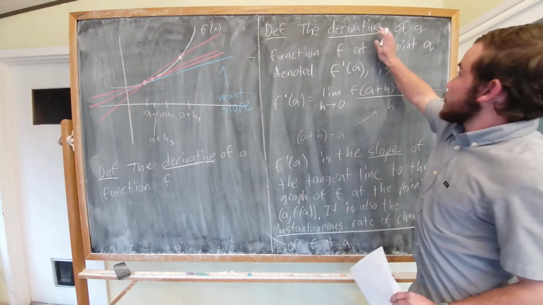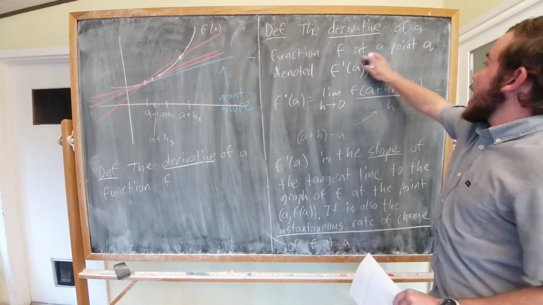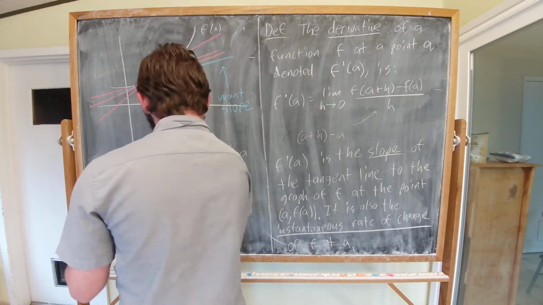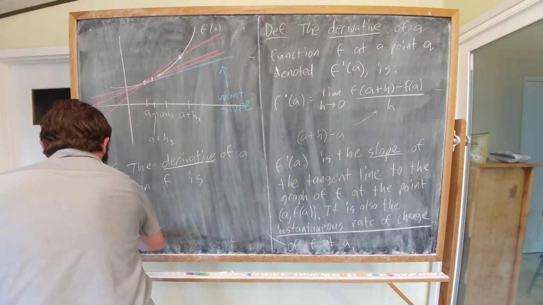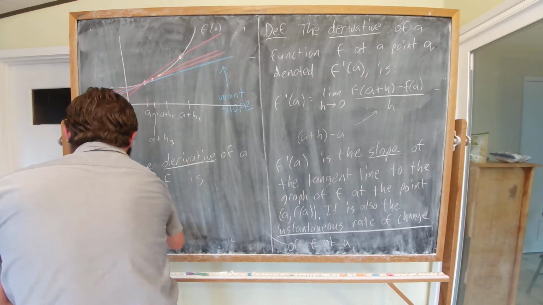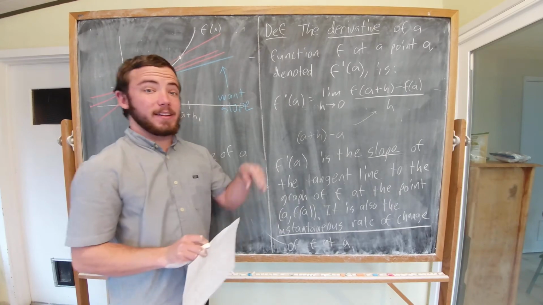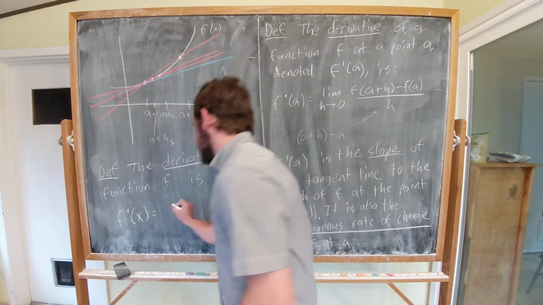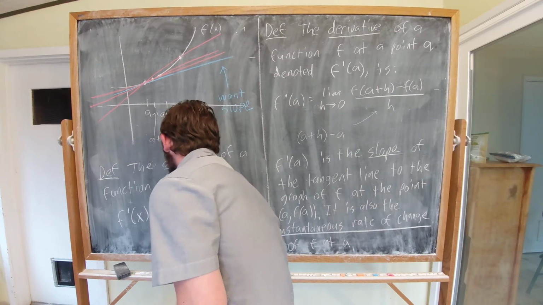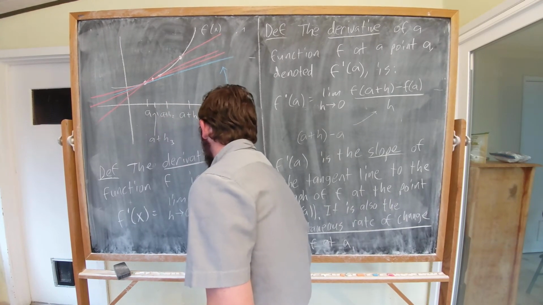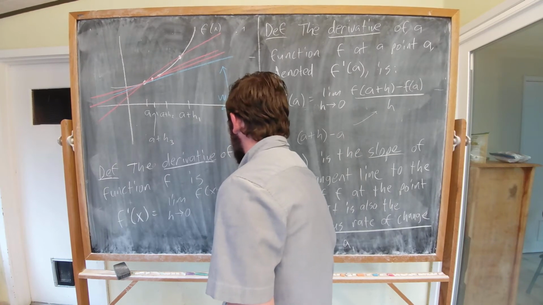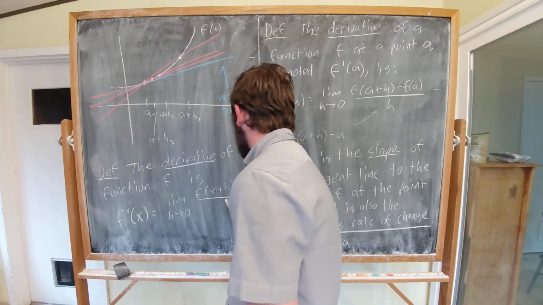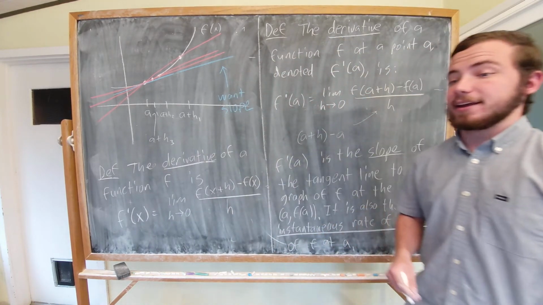So, subtle thing, this is derivative of a function f at a point a. This will just be the derivative of a function f, is f prime of x. And the only difference between the definition of derivative at a point and definition of a derivative as a function is we're using x instead of a. It's the limit as h goes to 0 of f of x plus h minus f of x all divided by h.